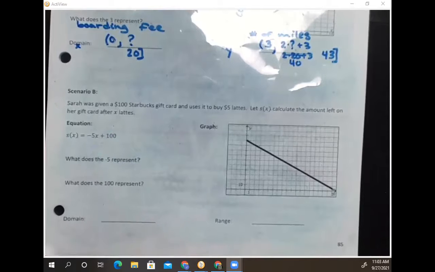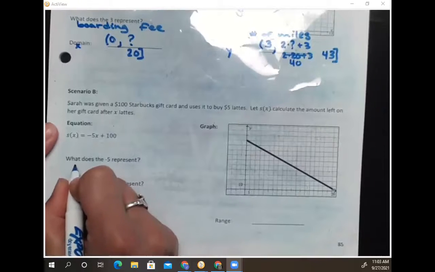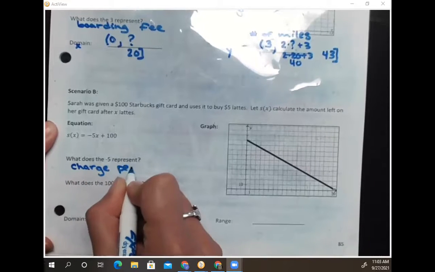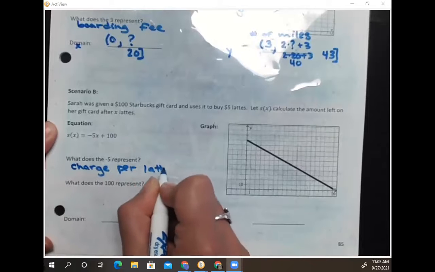What does the -5 represent for this situation? What does that -5 mean? Yeah, that's the amount I have to subtract off of my gift card balance for every drink that I buy. So this is the charge or the cost per latte.